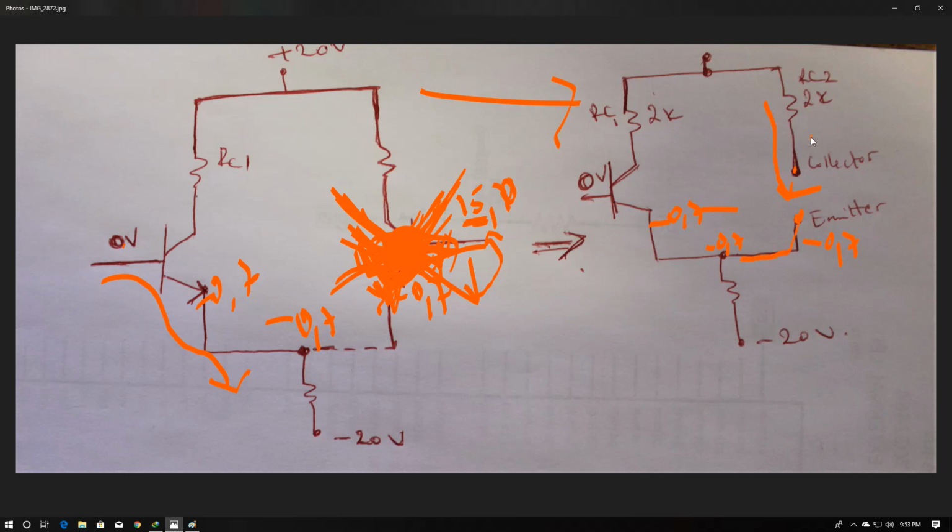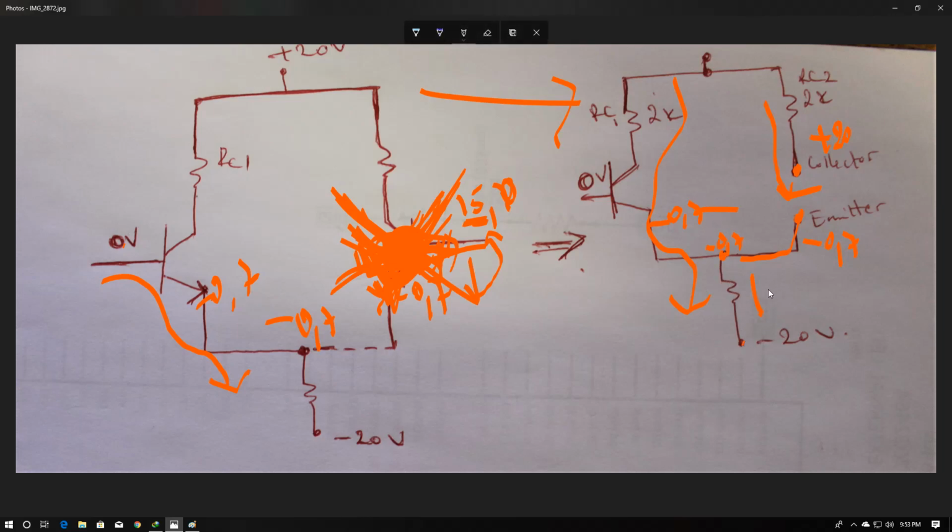Over there we're gonna have plus 20 volts on the collector. Do you see that? The only part now that's gonna influence the current going there is the side, because this transistor there is not there. Now we know it's minus 0.7 here, minus 20.